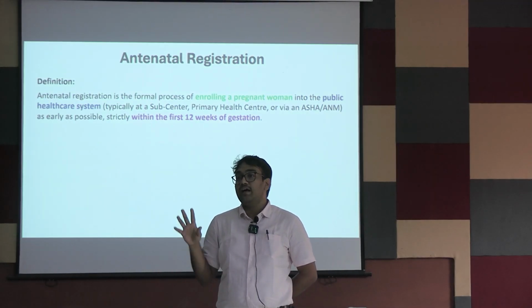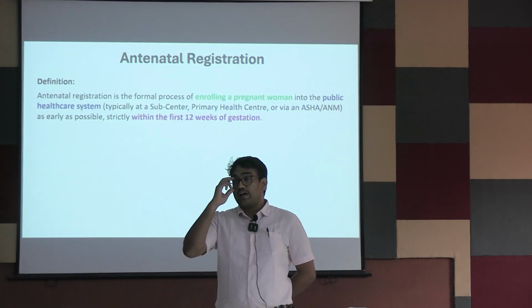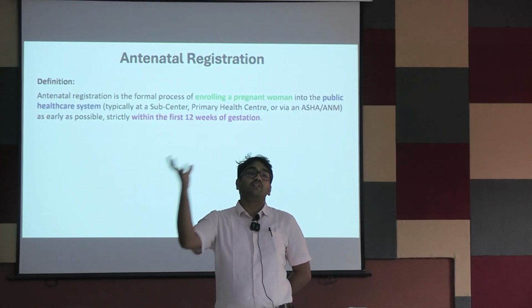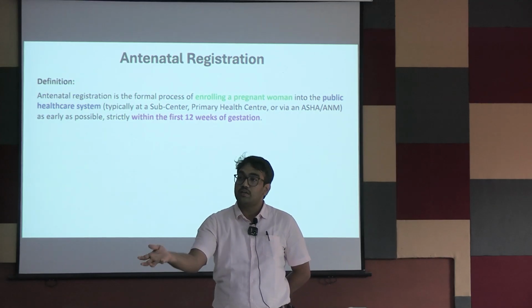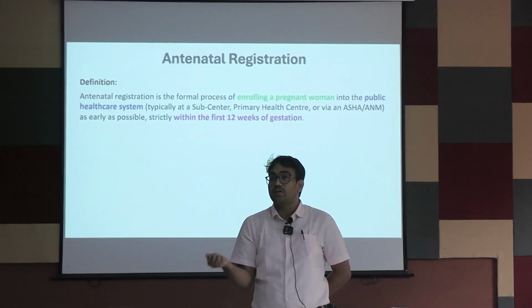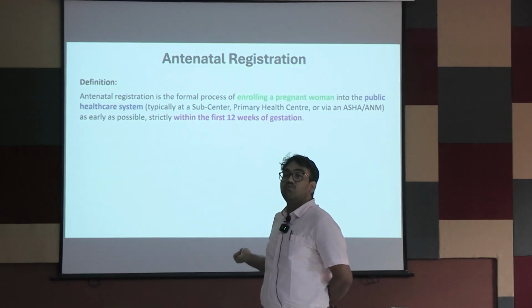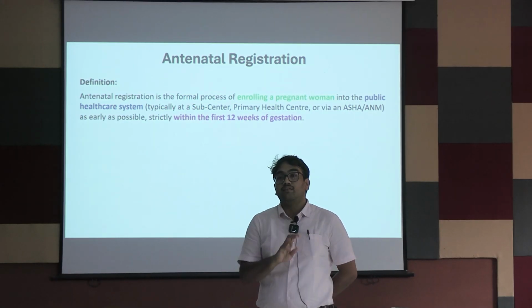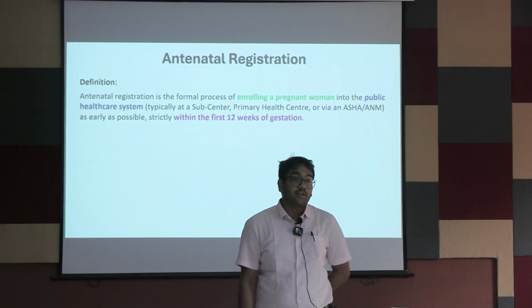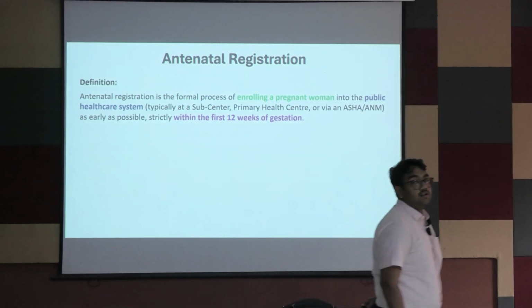Accredited social health activist. Okay. So an ASHA will be there for every 1000 population. The ASHA who is responsible for that particular 1000 population, it is her responsibility that the moment she gets to know about the pregnancy, she takes the pregnant woman to the nearest subcenter and gets it registered within the first trimester. Okay. So that is the process of antenatal registration of pregnancy.